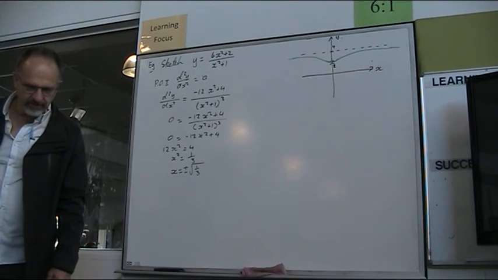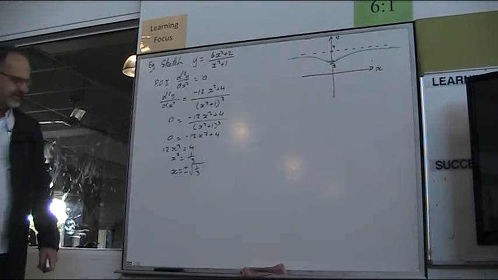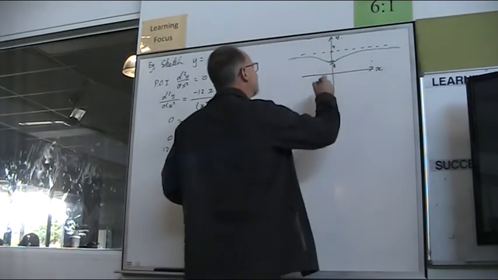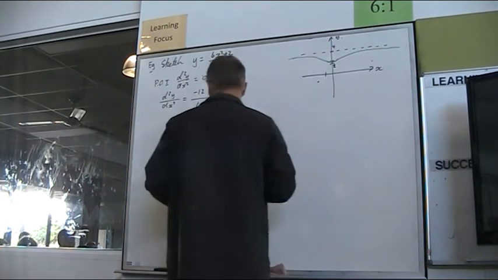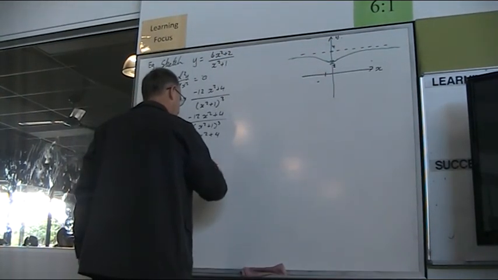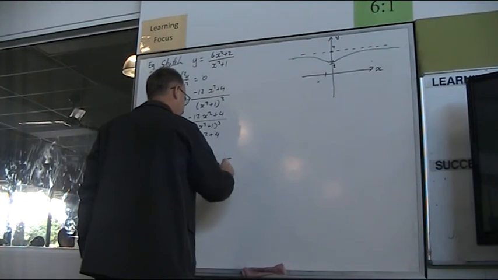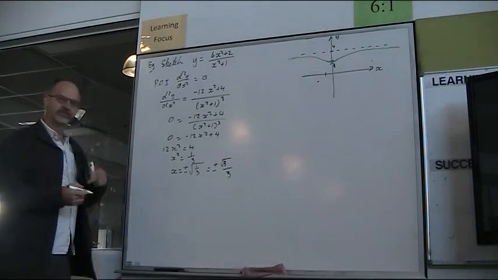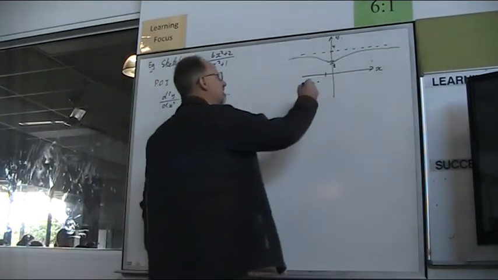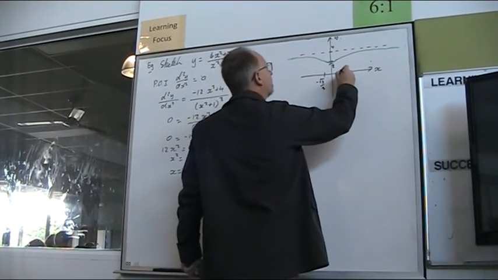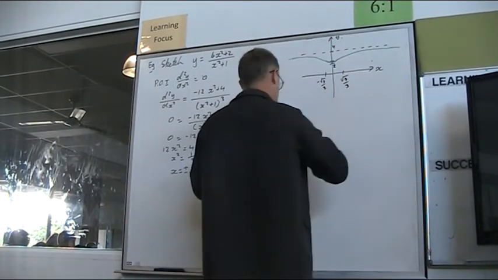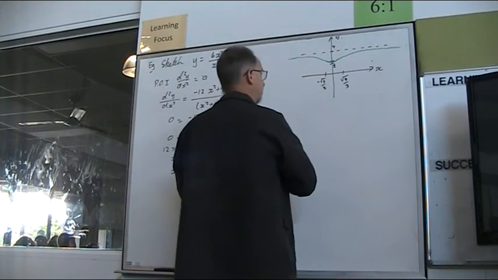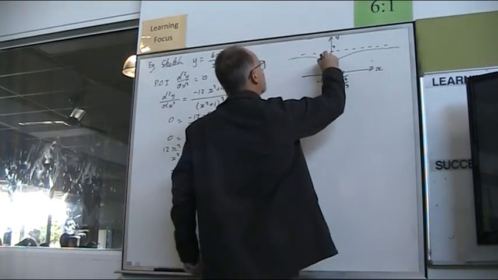And then I haven't worked out the y value. You're probably going to see that as plus or minus root 3 on 3 when we rationalise the denominator. So one of them's down here, negative root 3 on 3, and root 3 on 3, and you put that into this to find out what your y value is, which I can't be bothered doing at the moment.